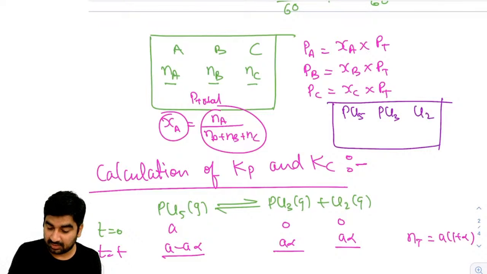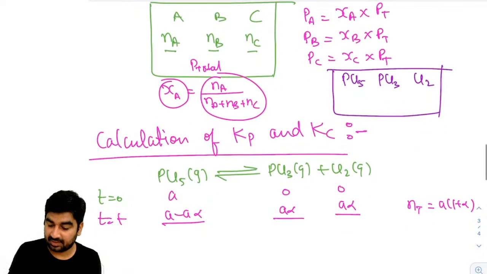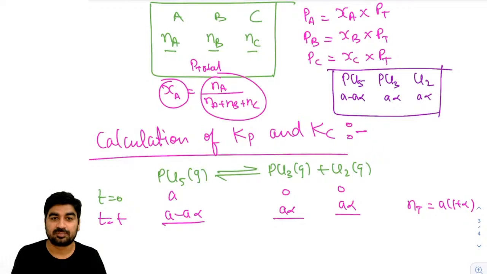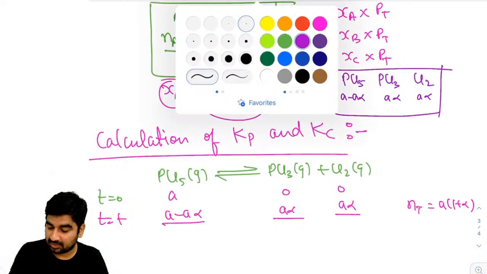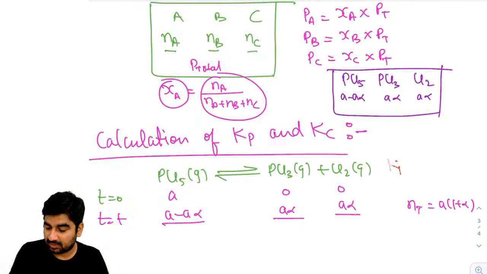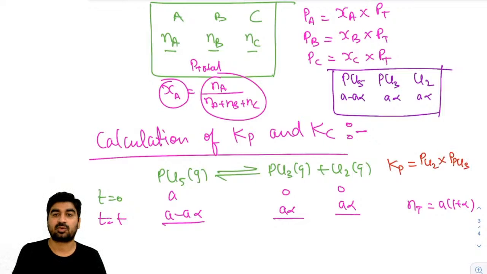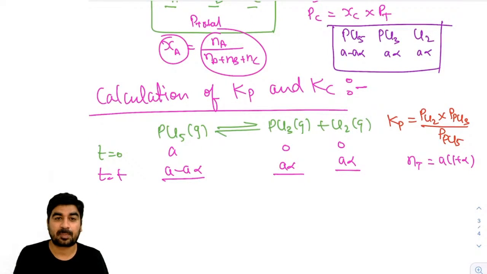So moles of them are A into 1 minus alpha, A alpha and A alpha. So how can we calculate Kp or Kc now? When I want to write the expression for Kp, it will be partial pressure of chlorine times partial pressure of PCl3 over partial pressure of PCl5. So you will get Kp.